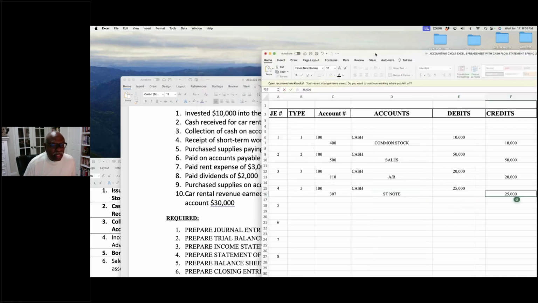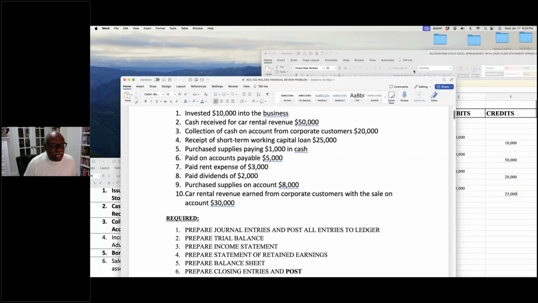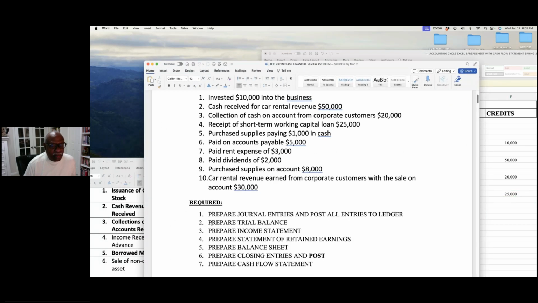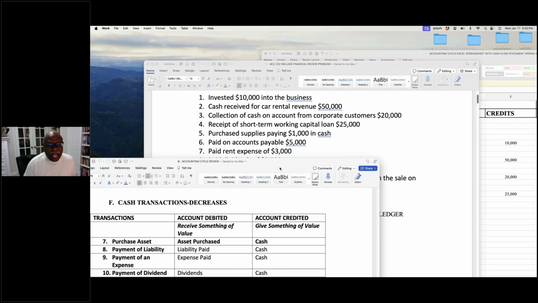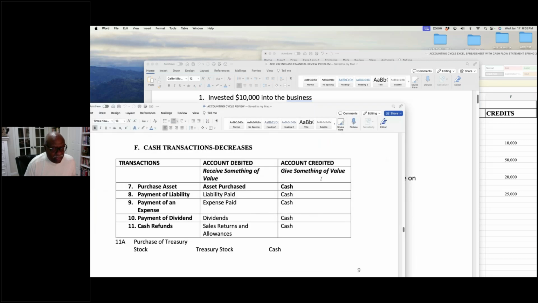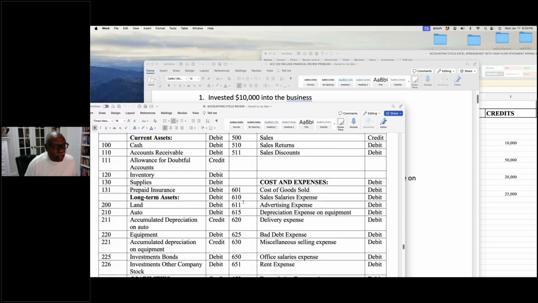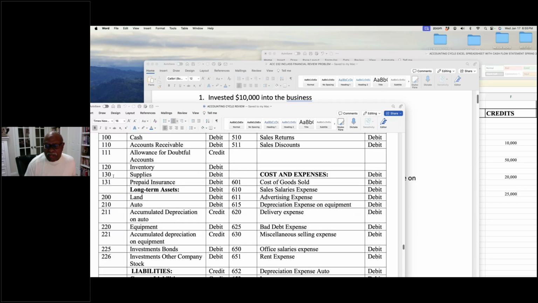Now let's go to journal entry 5, where we purchase supplies using cash. So now we know that what? We're paying out cash. We're giving up cash. So this is going to be a type 7, but the asset purchase, we're looking at, we purchase supplies, and so we need to go and get the account number for supplies, which is 130.